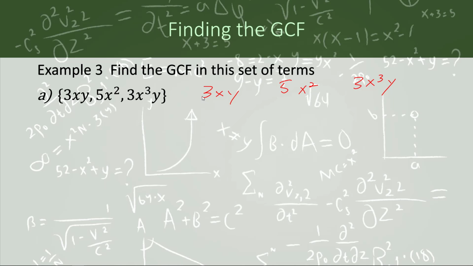Now notice that we have a 3 here, but there's no 3 here, so the 3's are out. We have an x here, an x here, and an x here, so the x's are in. This term has a y, this term does not have a y, so the y's are out. And finally, this term has a 5, but it is the only term that has a 5, so that is out. So the only term that is common is x.